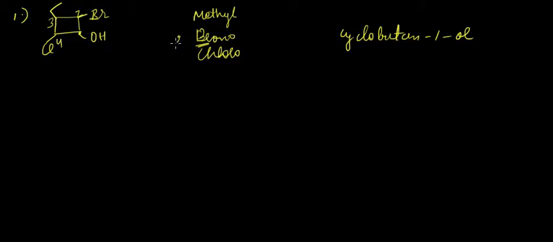So bromo would be second, chloro would be fourth, methyl would be third. Okay, so the naming convention would be 2-bromo, 4-chloro, 3-methyl cyclobutanol.